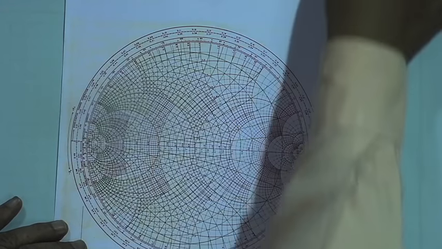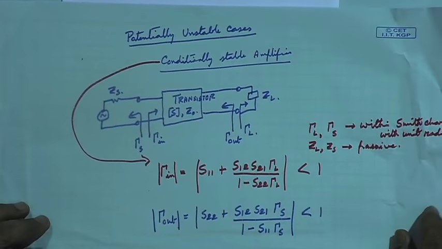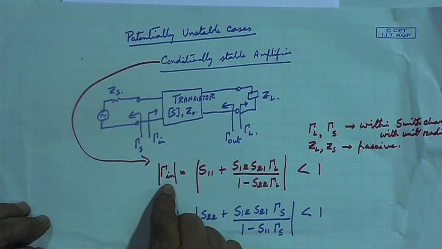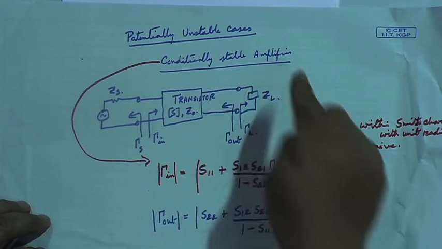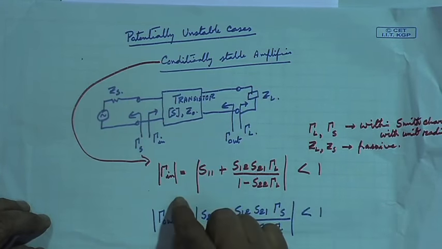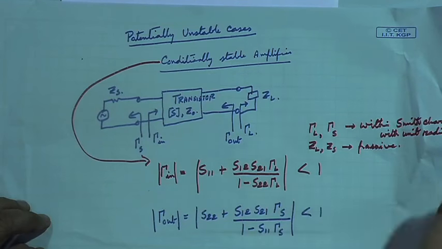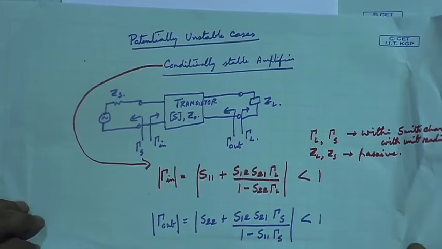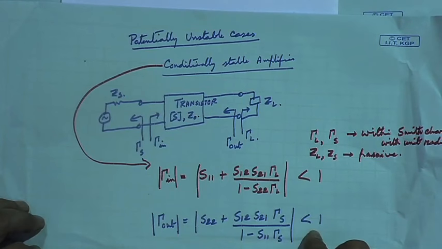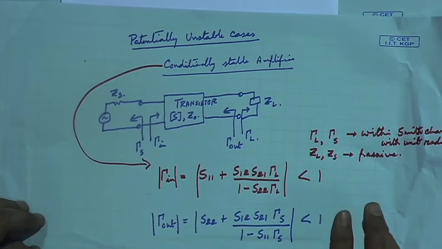To do that, we see a Smith chart. There we will find that the border region is this: if the magnitude of gamma in is less than 1 it is conditionally stable, but if gamma in is greater than 1 it is unstable. Similarly, gamma out magnitude less than 1 is stable, conditionally stable, and gamma out greater than 1 is unstable.